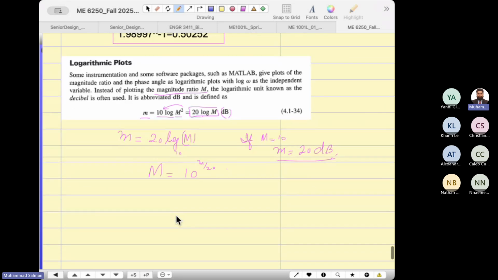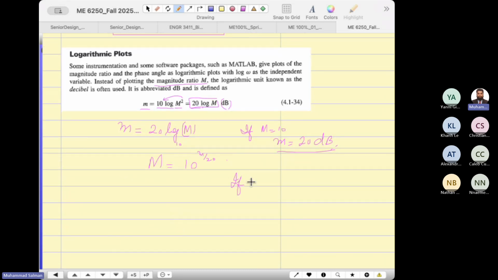And if the magnitude equals 1, the dB value is 0, because log of 1 is 0. So m equals 1 is 0 dB. And a value of m less than 1 will have a negative decibel value.